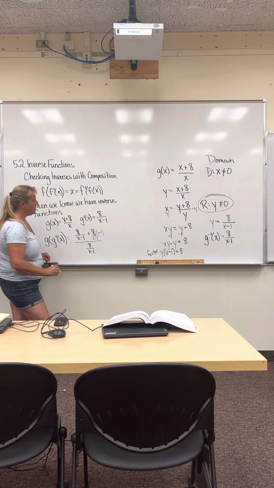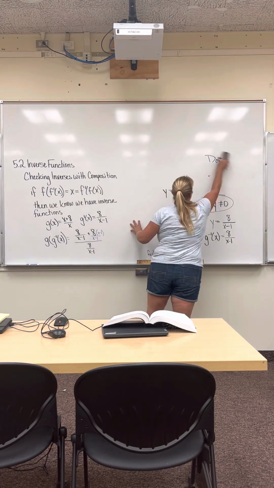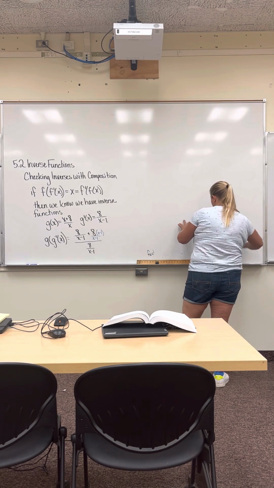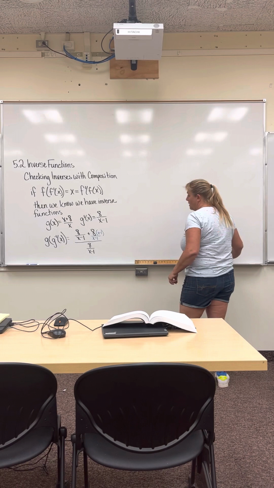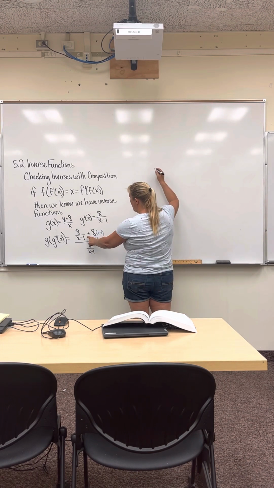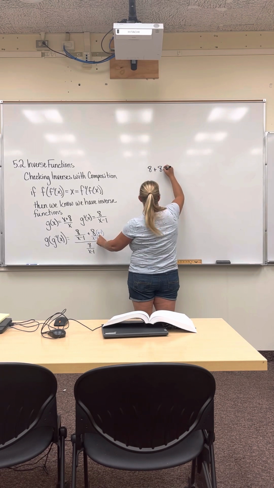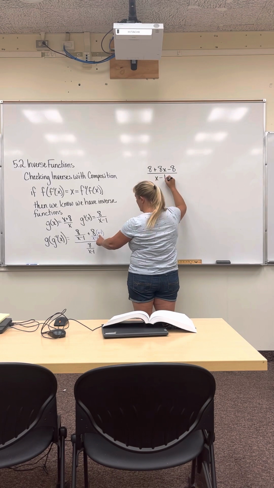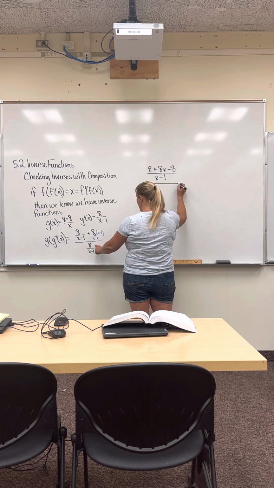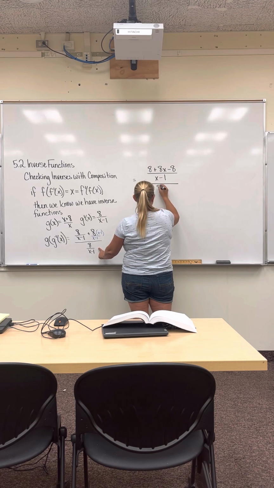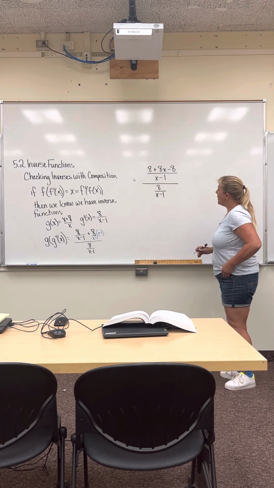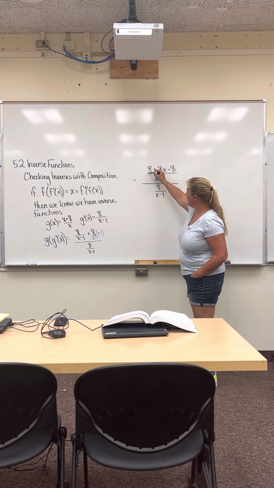That makes sense? So let me erase this. Okie dokie. So we now will have 8 plus 8x minus 8, all over x minus 1, all over 8 over x minus 1. Okay, so we can simplify a little bit here by getting rid of those two.